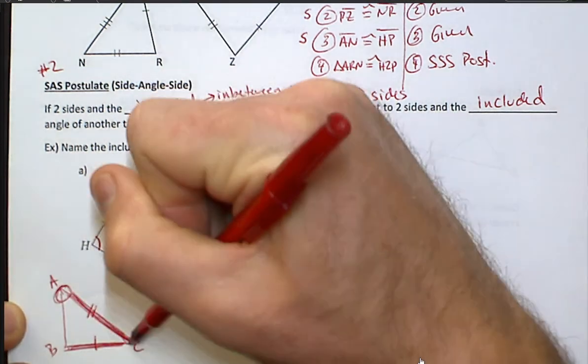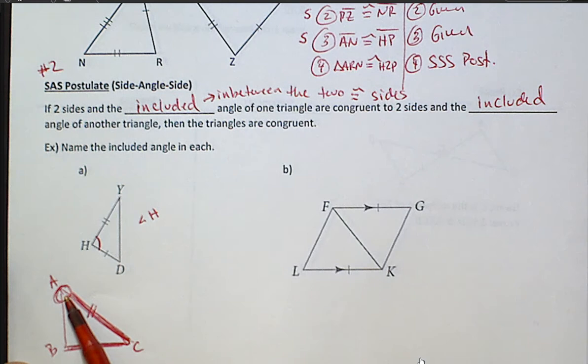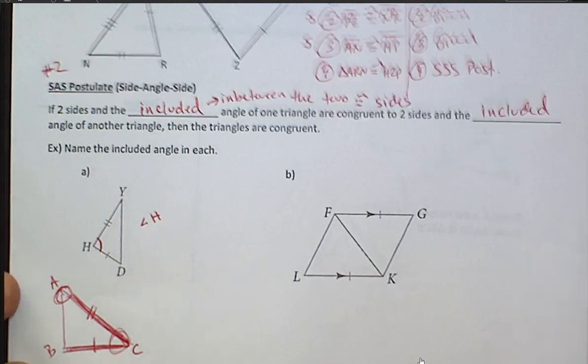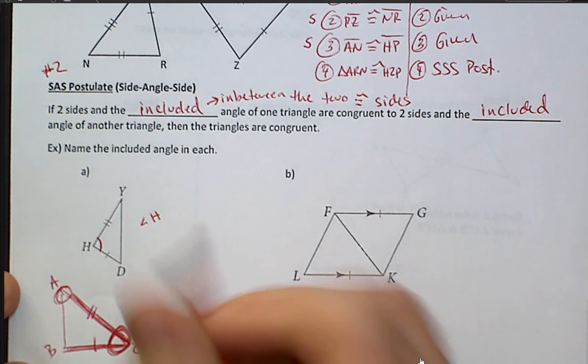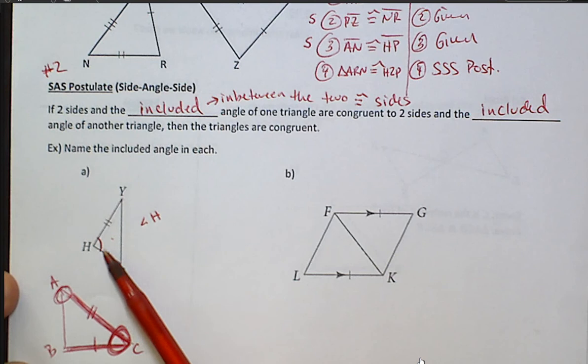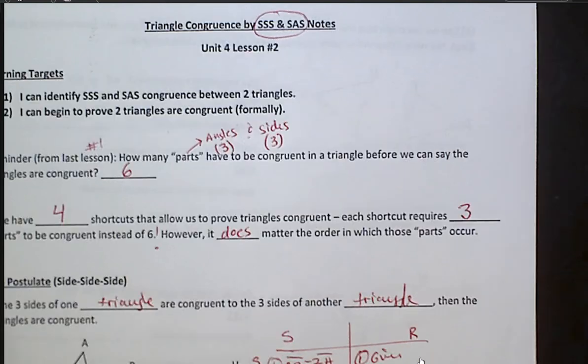So this angle is not in between because look at AB is not darkened in. Obviously you can see where the 2 darkened in sides meet. This is the included angle, or the angle that's in between the 2 sides. That right here and this right here, that's an example of side, angle, side. And that is where the order, going back to the top, the order does matter.